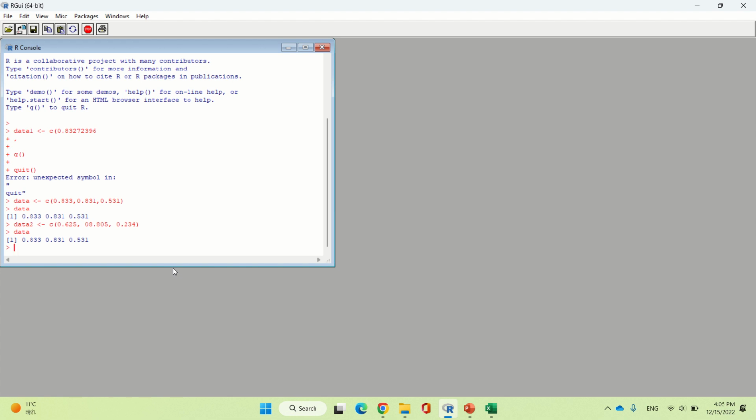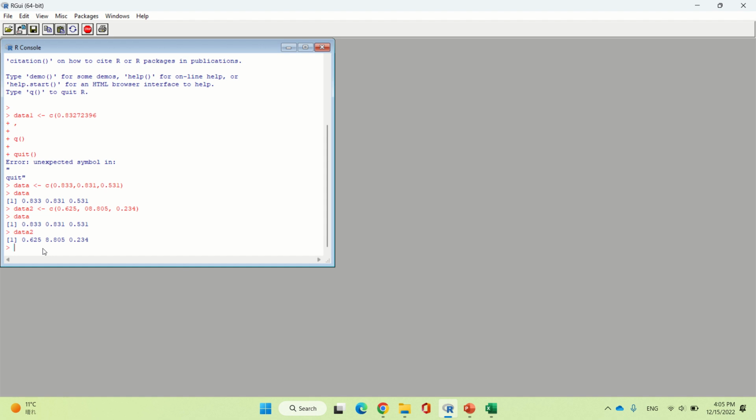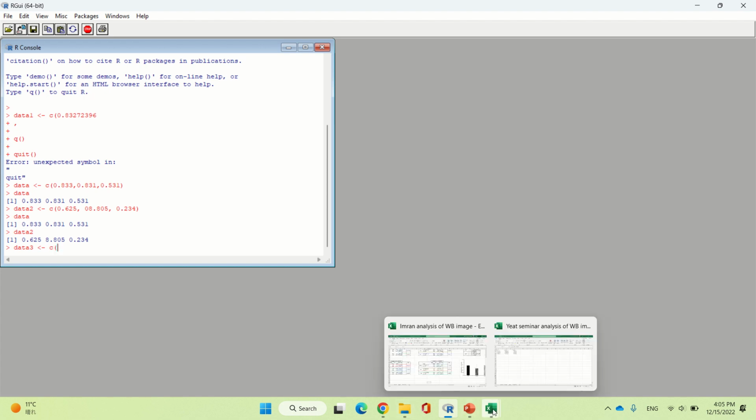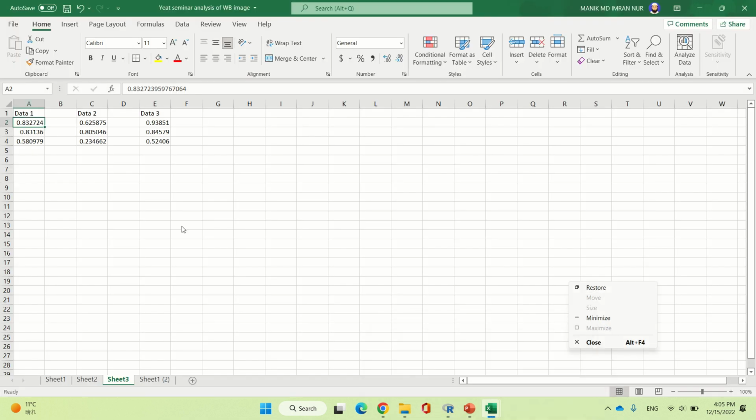Data 2. I have to write data 2 maybe. If you request data 2 and press enter key. Data 2. Data 3.